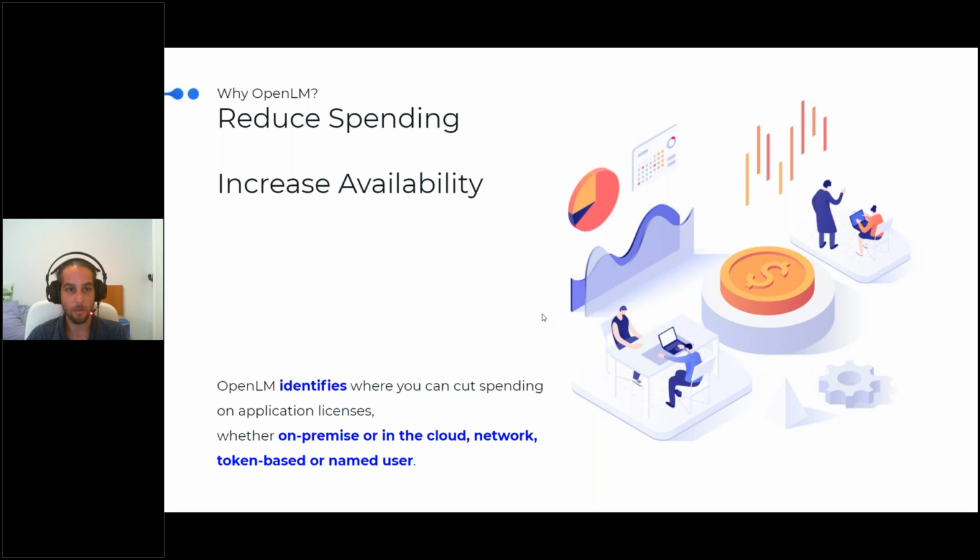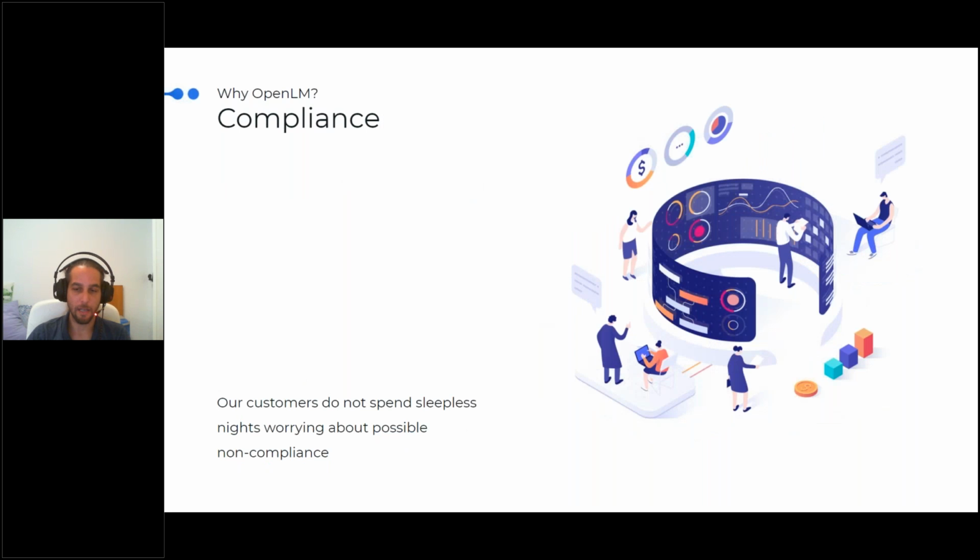You can also increase the availability of those licenses using OpenLM, meaning you'll have maybe the same amount of licenses, but they'll be more available for more people more of the time. As a result, you'll of course stay compliant with the vendor. You'll know what you have, how it's used, and that it's not misused.